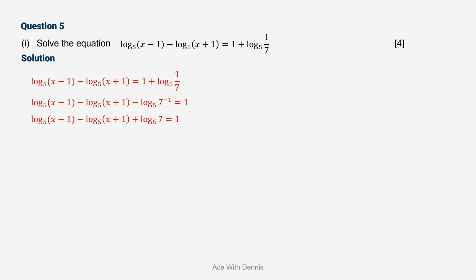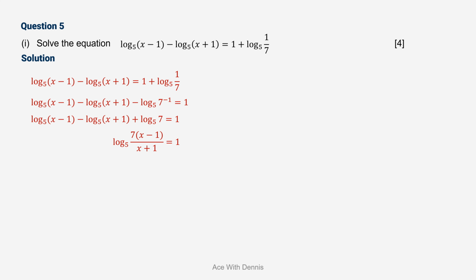So minus times negative 1, we get positive log base 5 of 7, equals 1. Then applying the logarithm law, when minus it is division, when plus it is multiplication. Therefore, log base 5 of 7 times (x minus 1) over (x plus 1) equals 1.